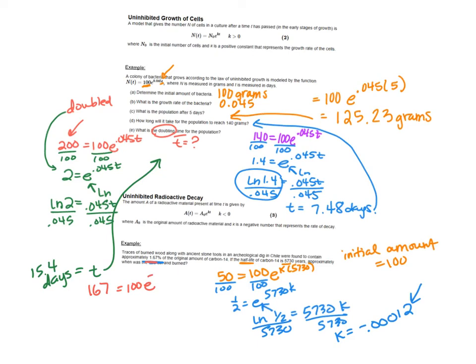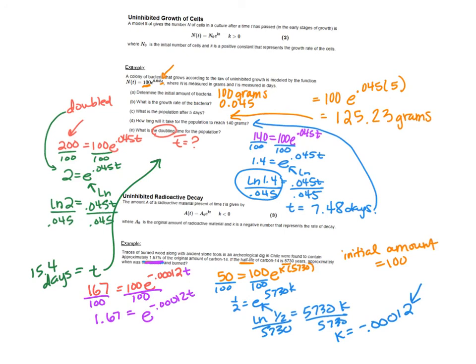I'm going to use my rate that we just found. My first step is going to be divide by that 100, which I should get that 1.67 that we were looking for, right? If I don't, then I need to go back and fix. Oh, I forgot my t up there. Sorry about that. Okay.